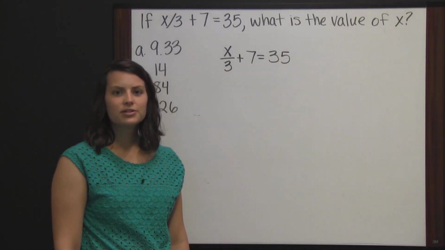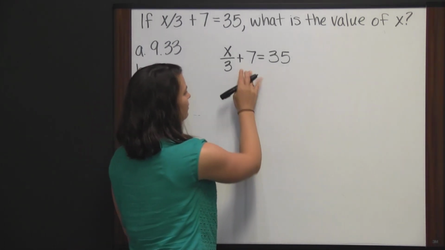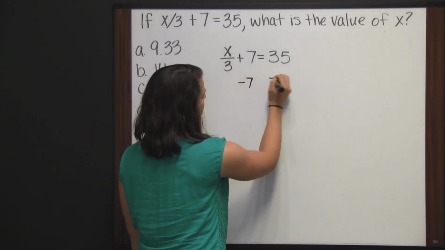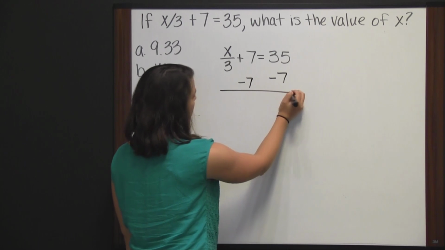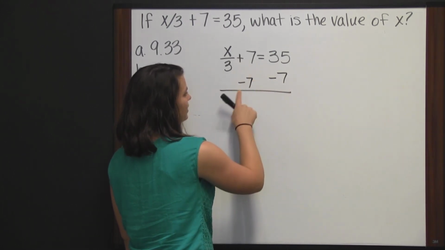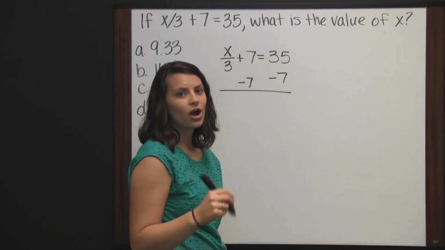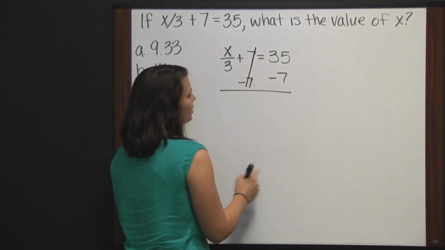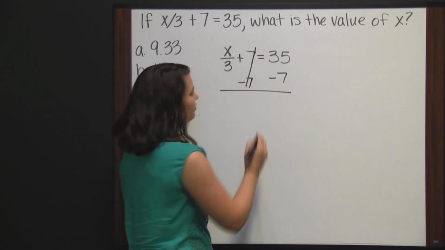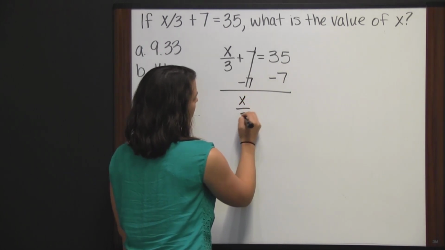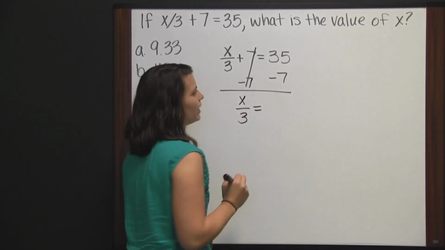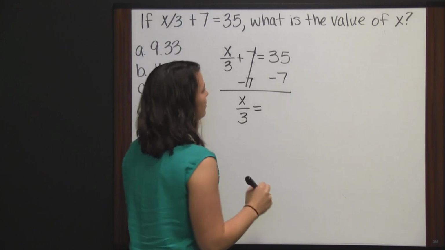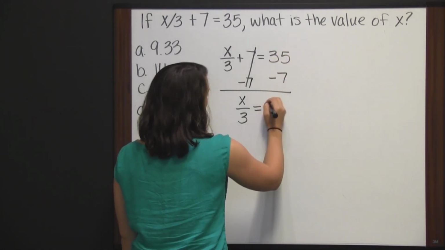The first thing we want to do is subtract 7 from both sides, because a positive 7 and a negative 7 are additive inverses of each other and they cancel. So on the left side, we're left with x divided by 3. And on the right side, 35 minus 7 is 28.